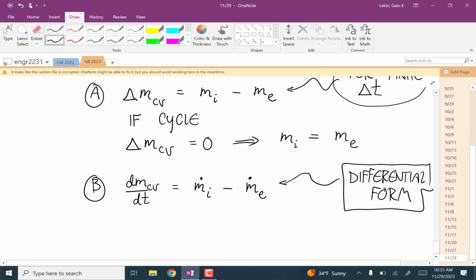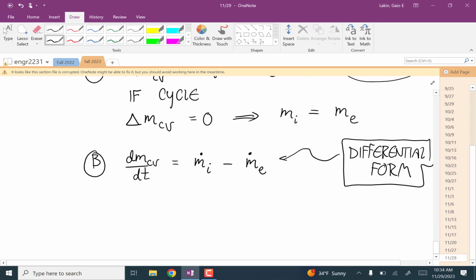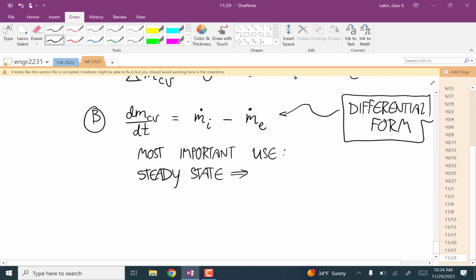And by far the most common way that we use this equation is that if the process is a steady state process, then the mass flow rate at the inlet is equal to the mass flow rate at the exit, and you can just call that m dot.